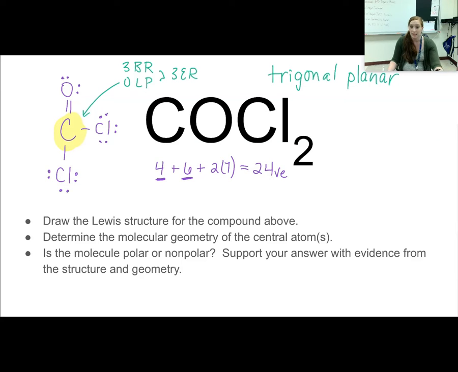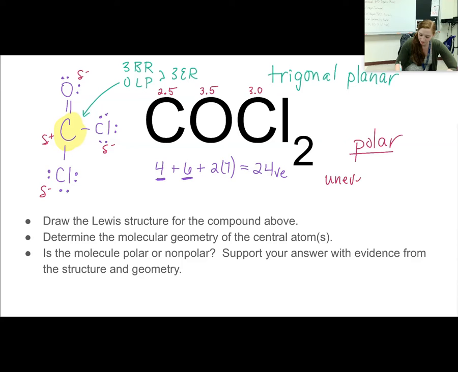So we can already see that that's an uneven distribution of electrons, but we also can determine that those are going to be polar bonds between the carbon and the chlorine and the carbon and the oxygen. 2.5, 3.5, 3.0. So we're going to see that as well. So this is going to be polar, and again, uneven electron distribution.